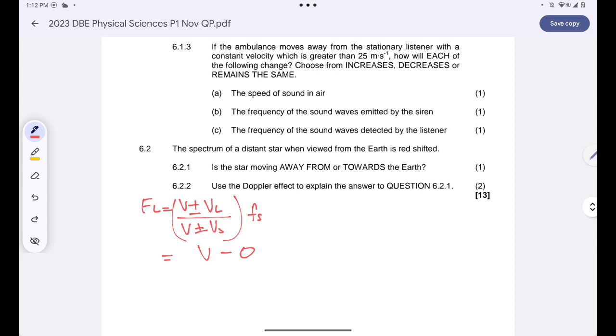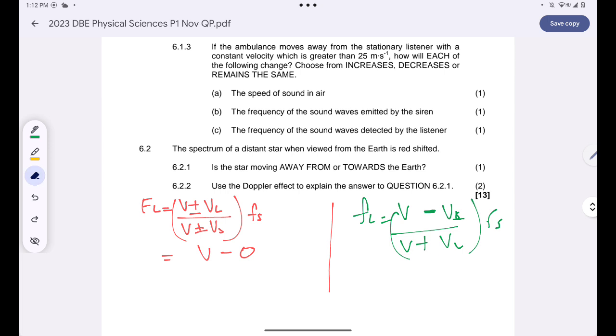Remember that, guys, whenever it's V plus or minus VL, multiplied by the frequency of the source, if and only if the source is moving away from the listener, please note that there at the top you put a minus, and then at the bottom you will choose a plus.